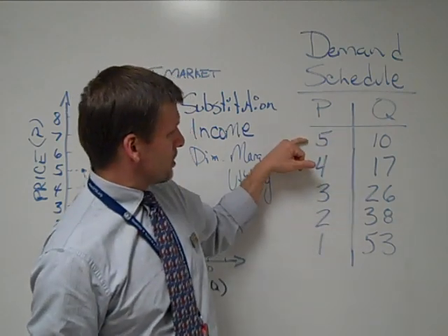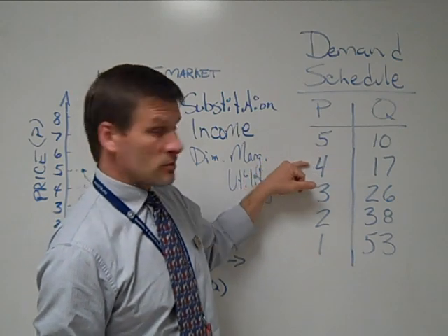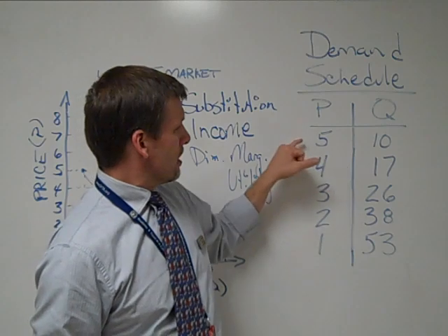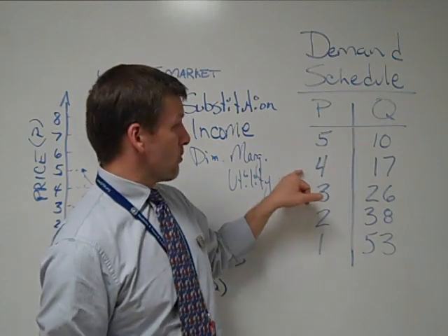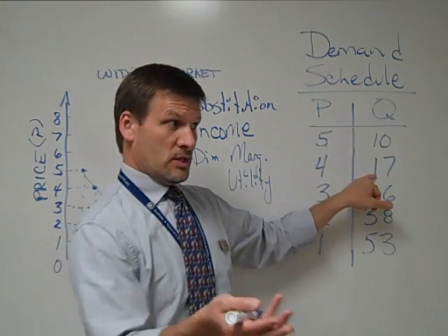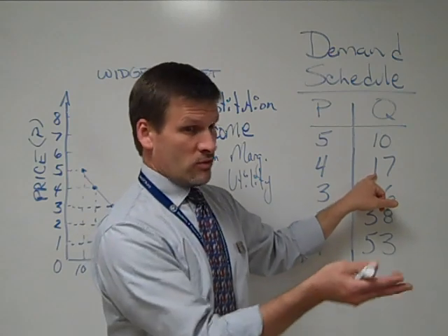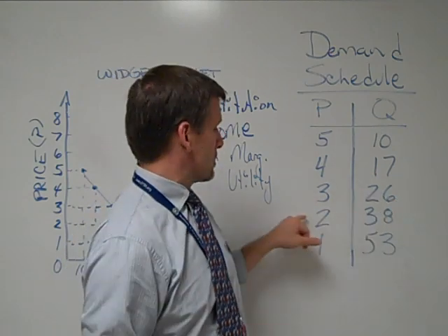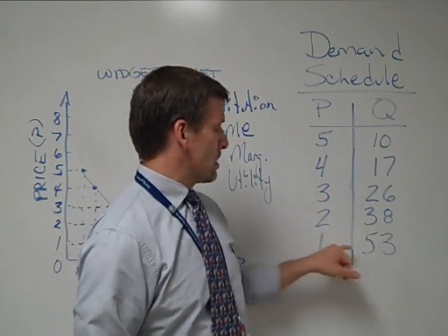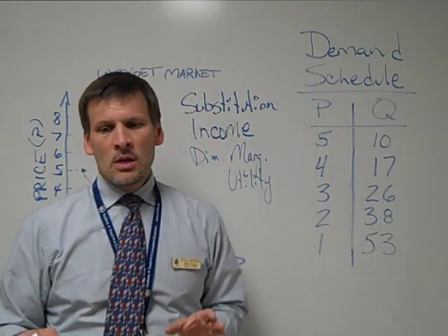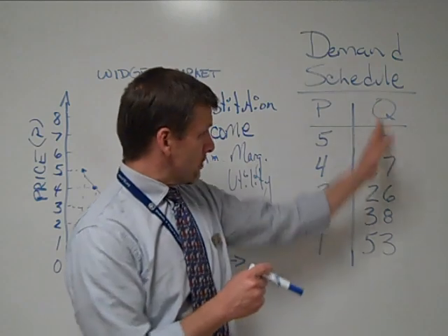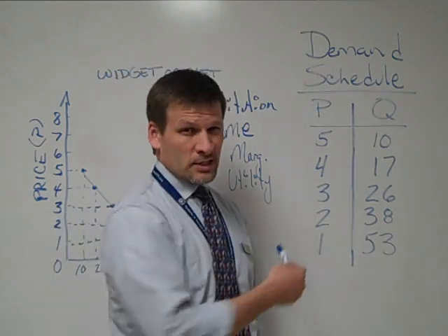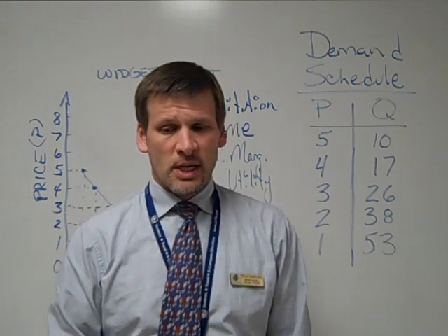The prices are $5, $4, $3, $2, and $1. At $5 we've got a quantity of 10, at $4 it's 17, at $3 it's 26, at $2 it's 38, at $1 it's 53. So quantity demanded is a strong function of price. That's one of the key characteristics of demand.